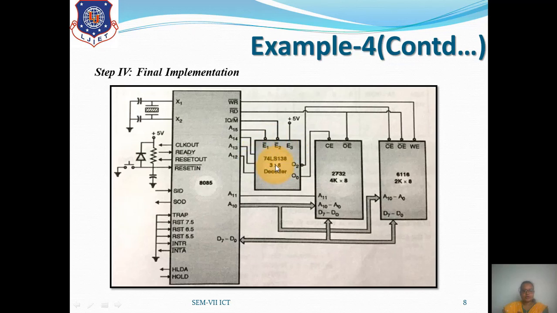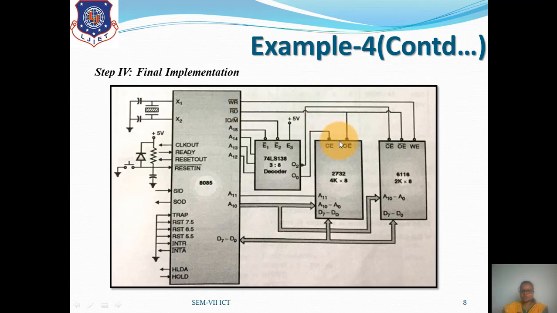Now in this decoder what we have done is we have taken A12 to A15 to this 3:8 decoder, where A12, A13 and A14 will be used as input signals, that is 3 input signals, and the remaining signal, A15, is given to enable this IC. IO/M bar is also given to enable E2, and read bar and write bar are given directly.